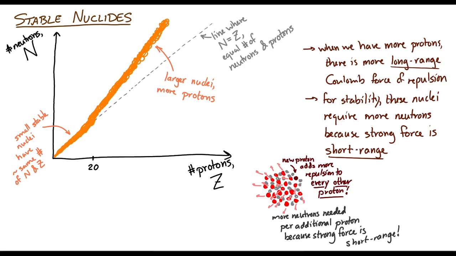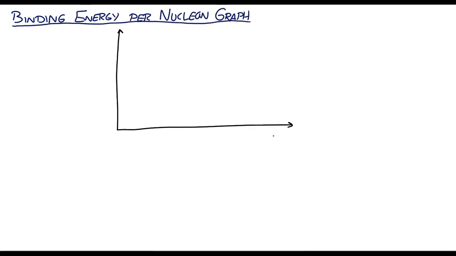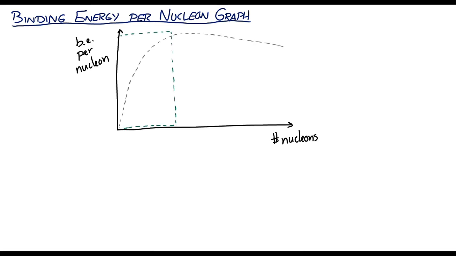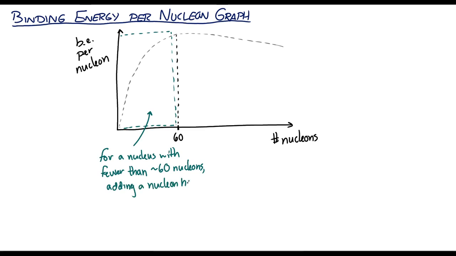Now let's go back to the binding energy per nucleon graph that we've seen before. Here's a rough sketch of it. And I want to point out something over here. Notice that on the left side of the graph, where we have fewer than about 60 nucleons, if the nucleus contains fewer nucleons, then adding a single nucleon should have more of an effect on the nucleus, which is why the curve is so steep.